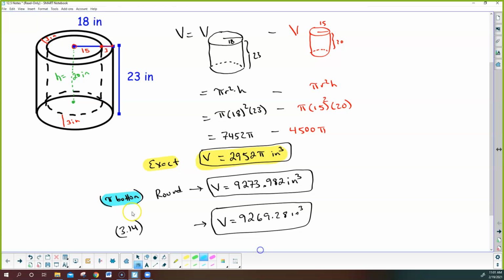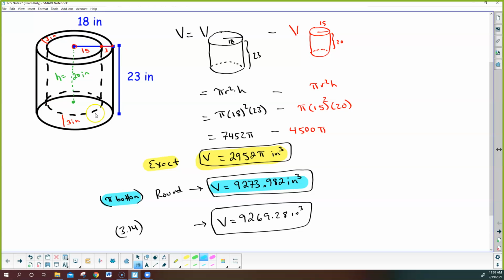Well, if I use the pi button, that takes more decimals of pi and it gives me a more accurate answer than 3.14. Look at the difference here. We're over 4 cubic inches difference in volume by just using the pi button versus 3.14. And that's a little hint.